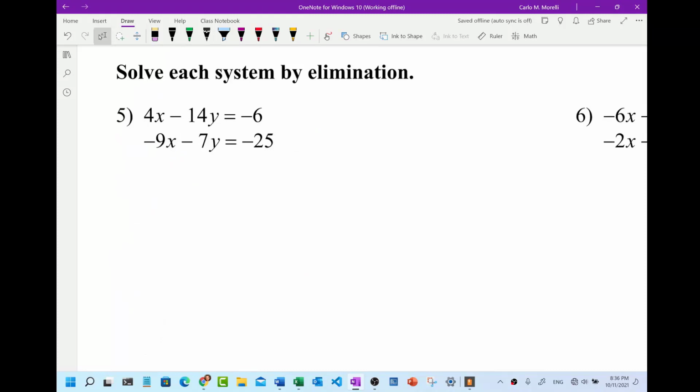All right, here we are on number 5, where we're asked to solve each system using elimination. Okay, so now what elimination requires us to do is to make one of these coefficients the same on the top and the bottom.